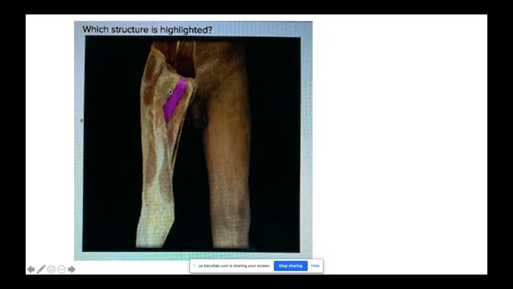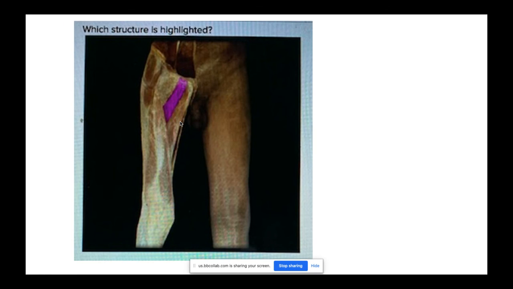The other thing I want you to look at, I want you to spend some time looking at the adductor muscles, because this one here is called the pectineus, but then there are three other adductors, and they all have the word adductor in it. So there's the adductor longus, the adductor magnus, and the adductor brevis.